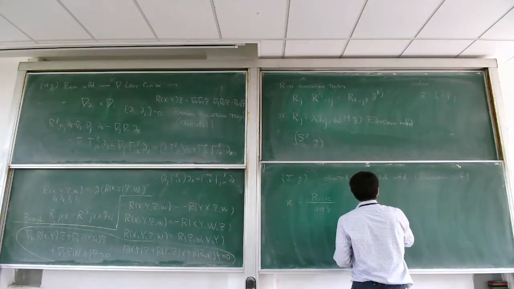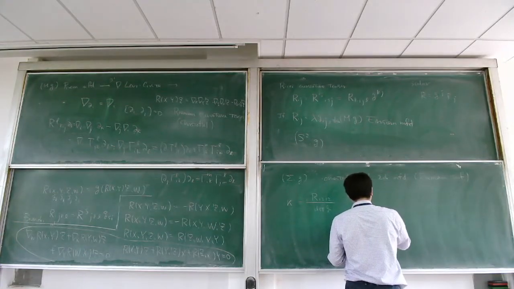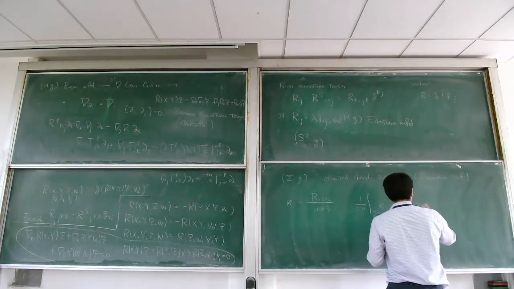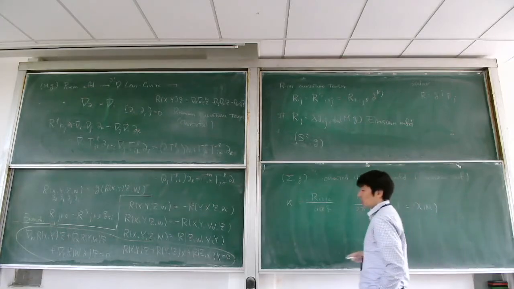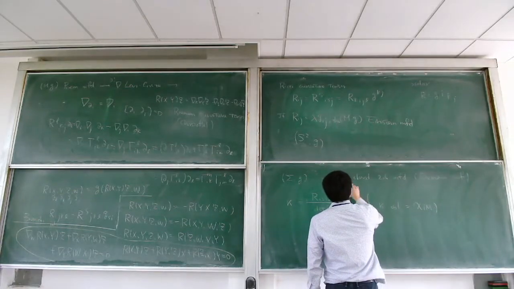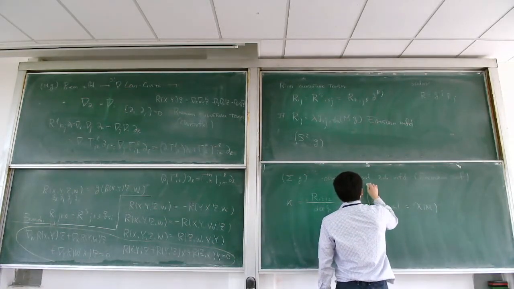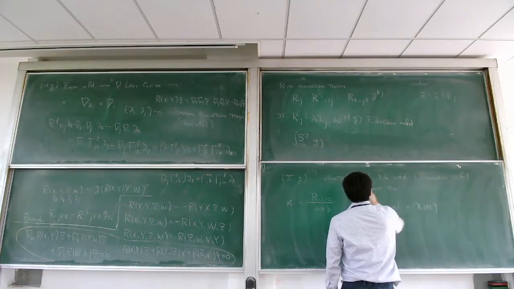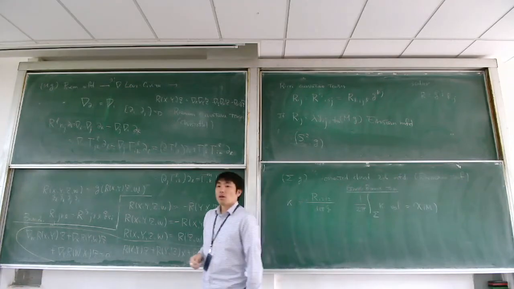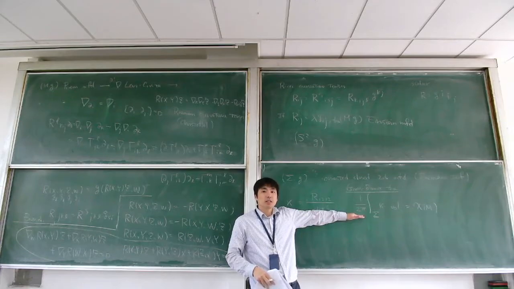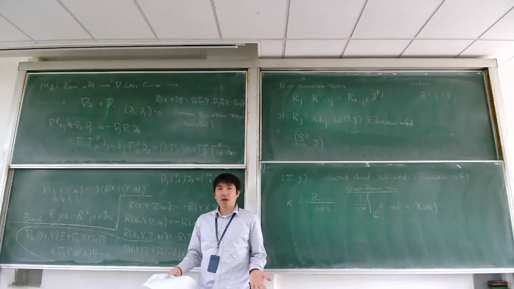Then what you get is as follows. This is the Gauss-Bonnet Theorem. The left-hand side depends on the choice of metric. Curvature depends on the choice of metric.